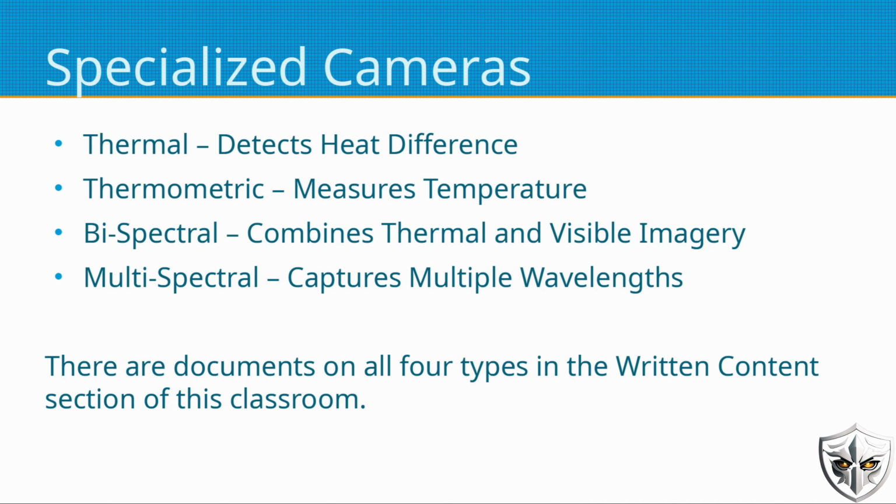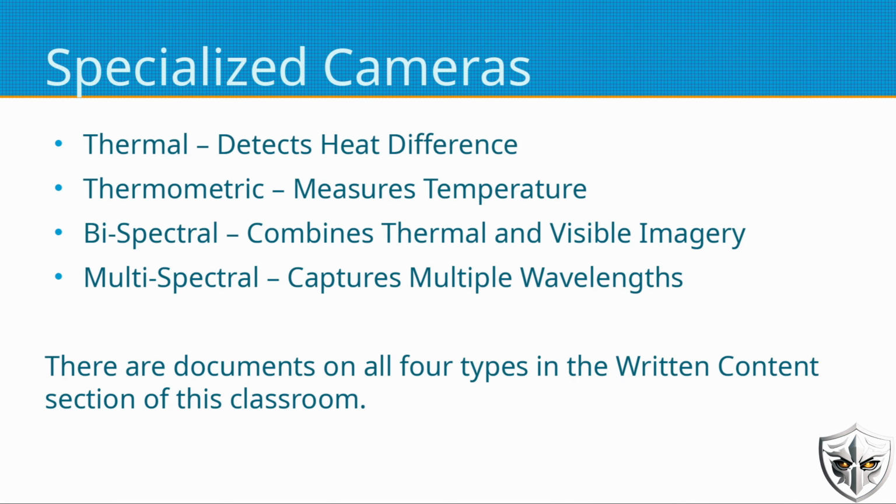It can tell the difference between heat, so you can see an object that's hot that's out moving in an area, and then you can go investigate if you need to. It's also nice if you have someone trying to hide maybe in rows of shelving or behind a fence or anything like that. Thermal cameras will detect that heat signature even though a visible light camera may have difficulty seeing it.